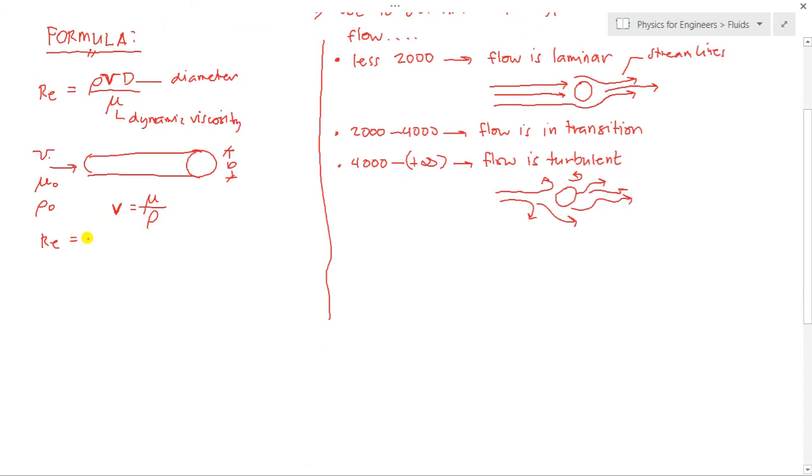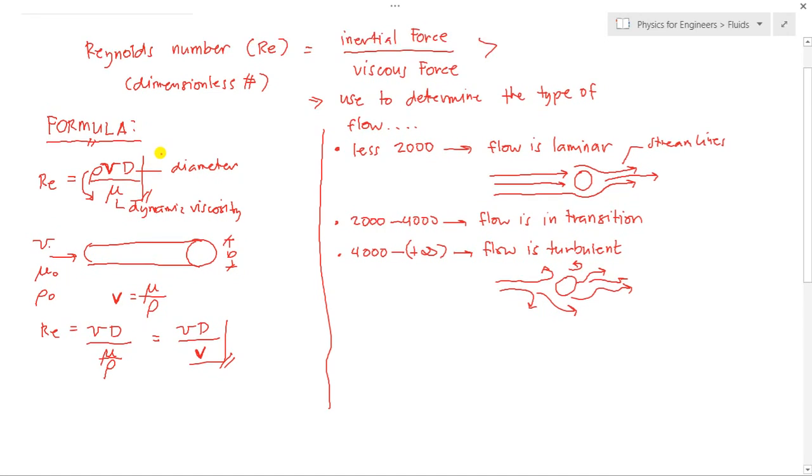So we can rewrite this as the velocity times the diameter all over mu over rho, which is just equal to the velocity multiplied by the diameter all over the kinematic viscosity nu. Kung naay flow sa fluid ug ipa-evaluate kung unsay type of flow, whether laminar, in transition, or turbulent, you can use the formula for the Reynolds number: density times velocity times diameter all over the dynamic viscosity.